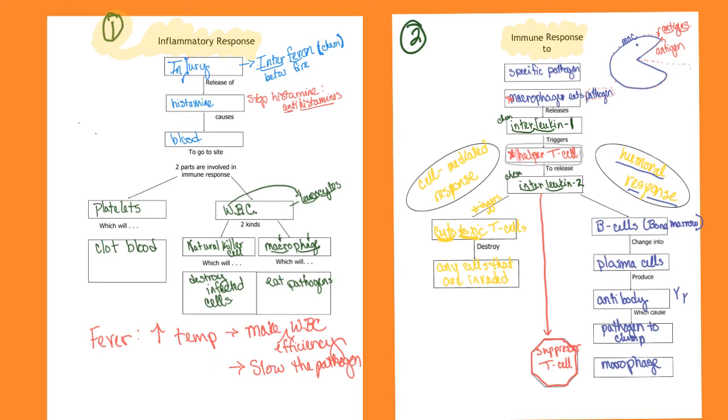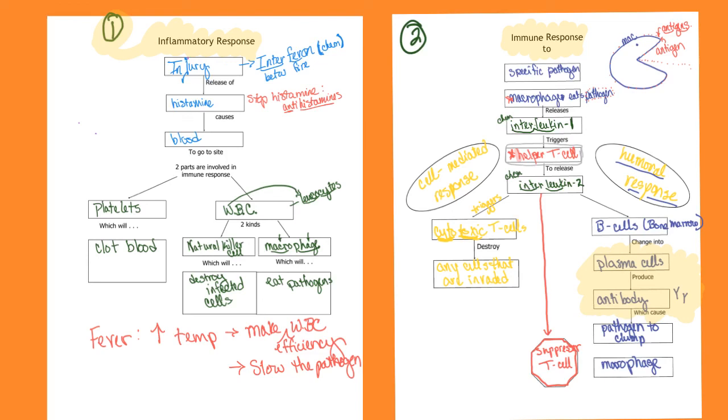What's really neat is if there are repeated infections of the same kind, the body builds up those antibodies so that the next time it sees it, it will already have antibodies. It's got those plasma cells that stick around for a long, long time. And then instead of doing all that stuff at the top of this page, it can jump right down to the bottom and just do plasma cells to antibodies.